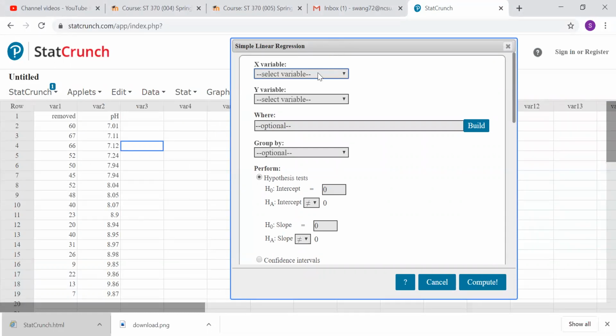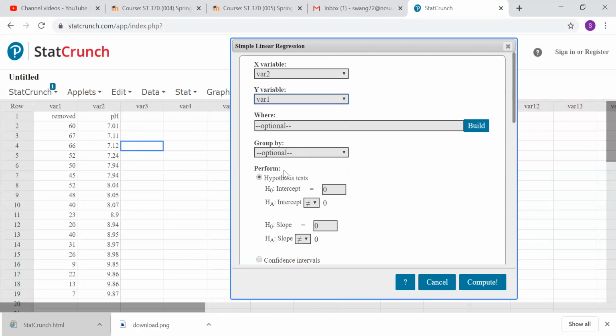So the x variable, which is our explanatory variable, should be the pH value, and that's our variable 2 here. The y variable, which is the arsenic being removed, that's our response variable, is going to be this removed, that is VR1 here.